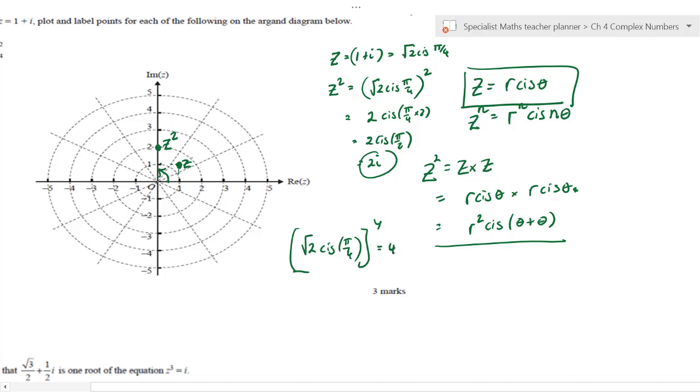Yeah, so that's 4 cis of what? Of pi. Okay, 4 cis of pi, which does exist. And of course, cis of pi, that's the same as negative 4, isn't it?